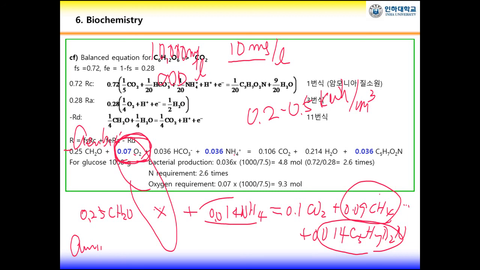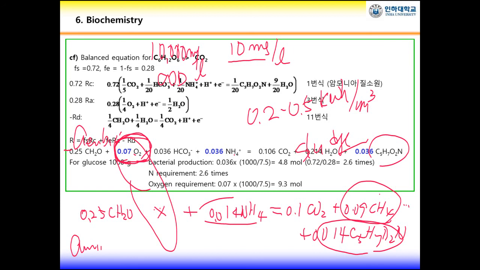And in addition, this cell is the waste that should be managed, and a lot of expense accompanies the management of sludge. So if a process produces more sludge, that means you have to spend more money to control or manage the sludge.